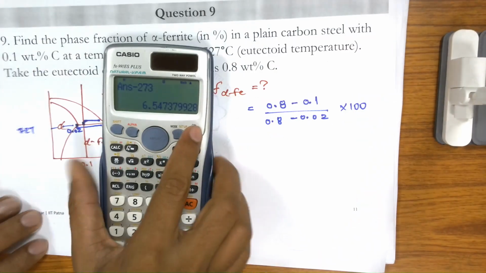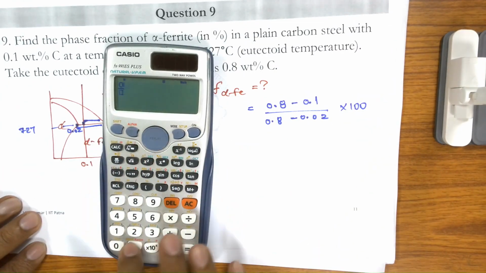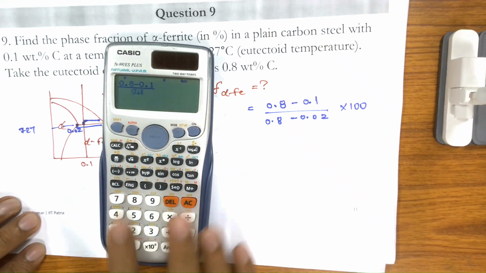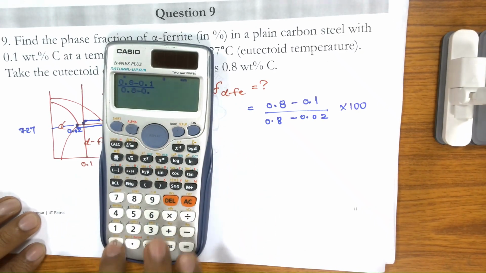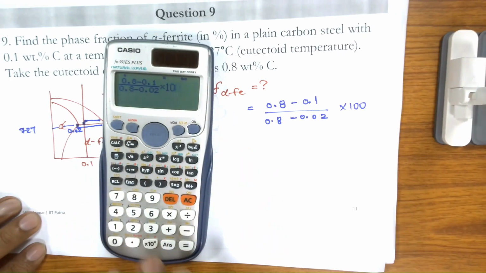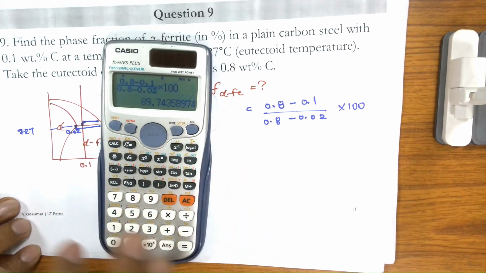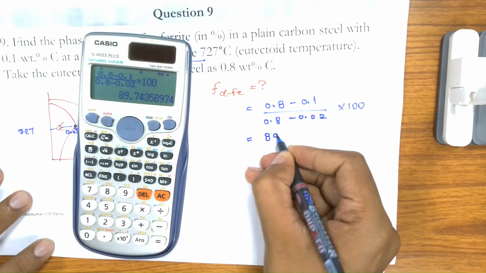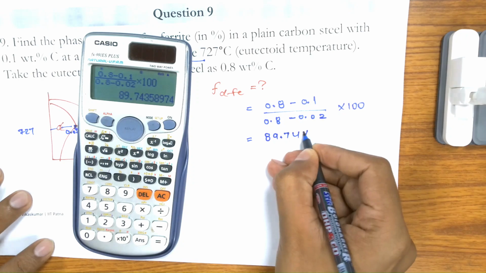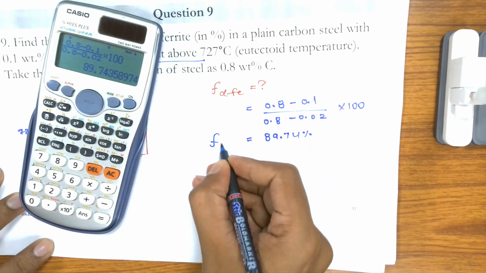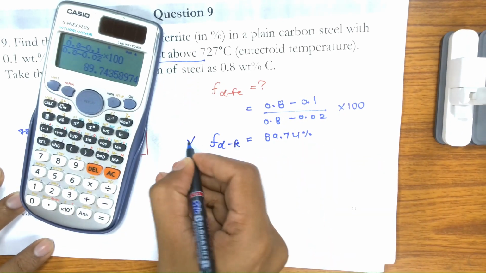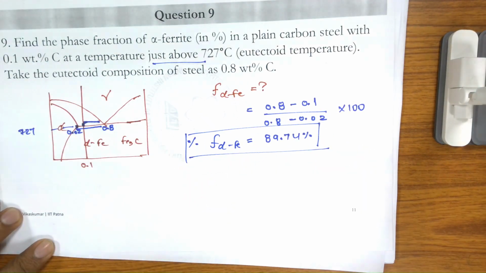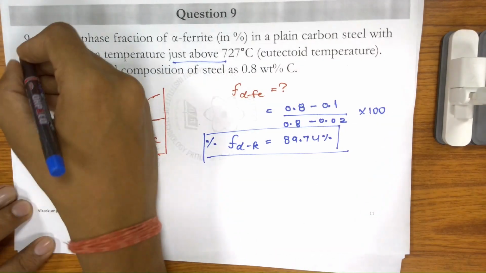So let's try to do this: 0.8 minus 0.1 divided by 0.8 minus 0.02 multiplied by 100. So what we got is that the answer is 89.74%. Okay, so with that we have solved this question number 9.